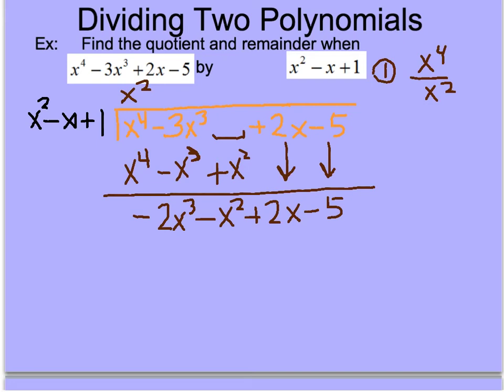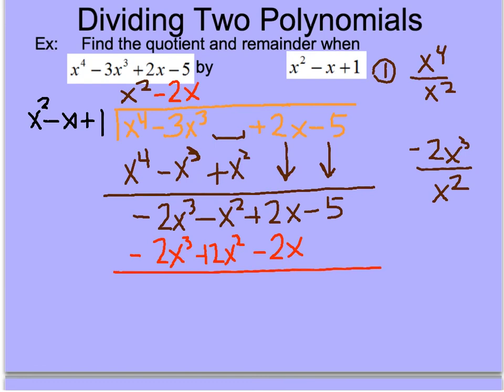So again, repeating the process, I'm going to take negative 2x cubed and divide it by x squared. So negative 2x cubed divided by x squared provides a negative 2x, so that goes up here. And then we're going to multiply negative 2x times the trinomial that is our divisor. So when I perform the multiplication, I get negative 2x to the third and positive 2x squared and minus 2x.